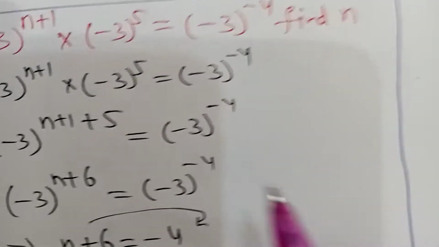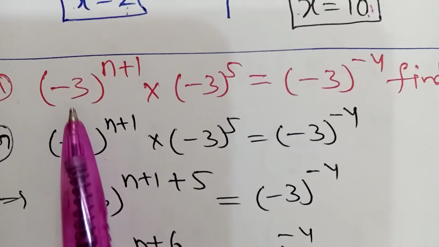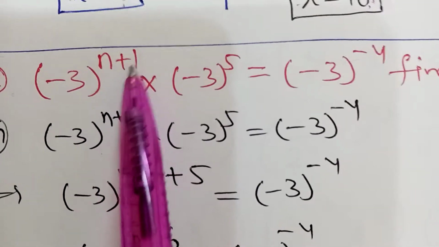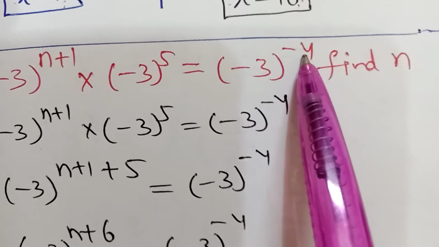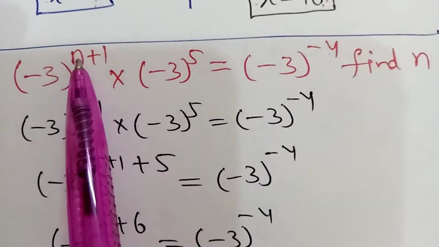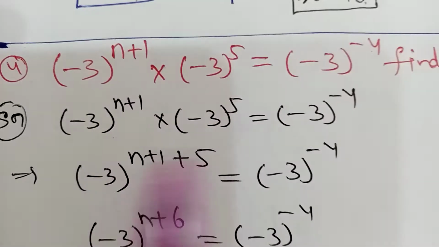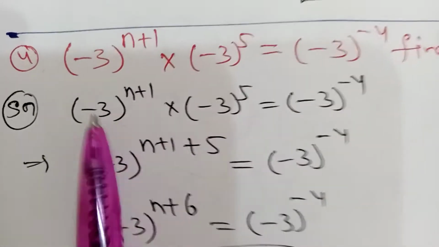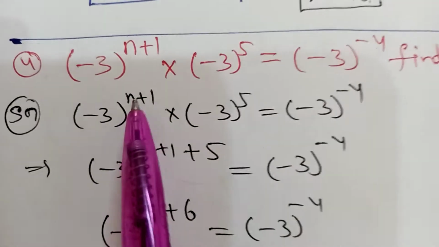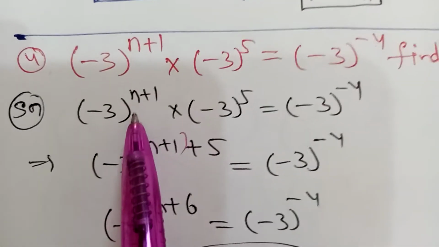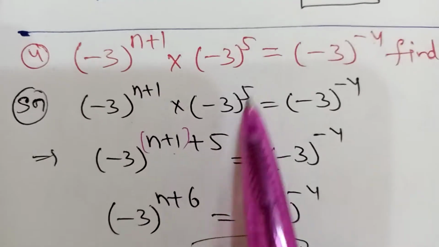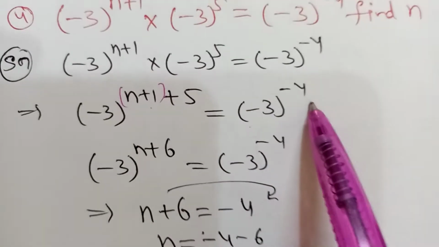Next, if minus 3 power of n plus 1 into minus 3 power of 5 is equal to minus 3 power of minus 4, find n. This one. So given, see, base same. So bases are same, power should be added. So minus 3 power of n plus 1 plus 5 is equal to minus 3 power of 4.